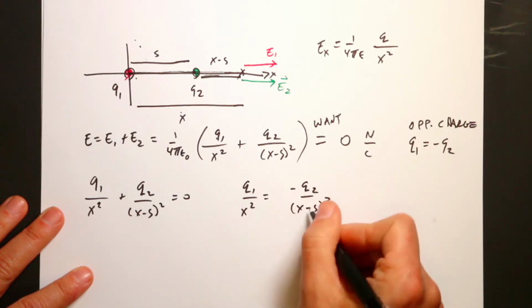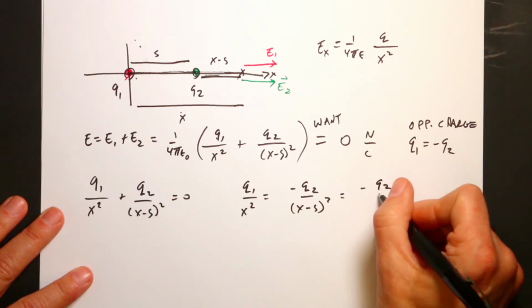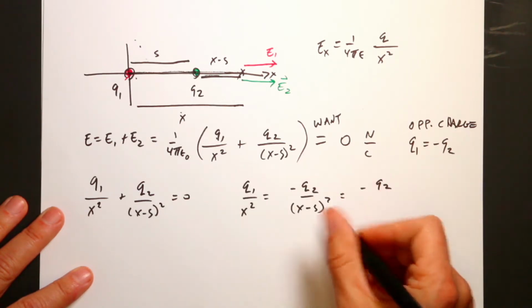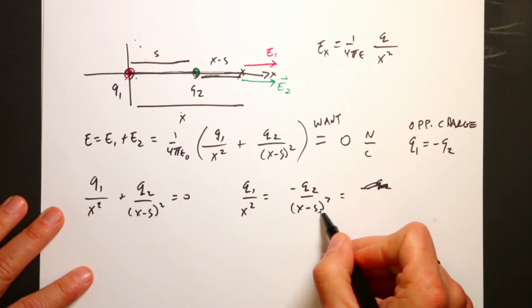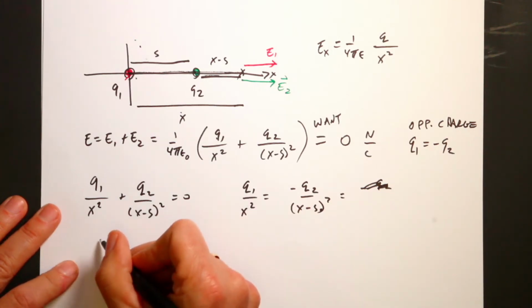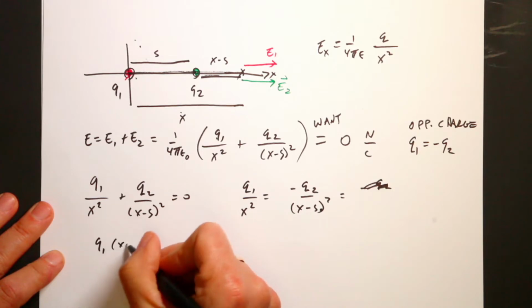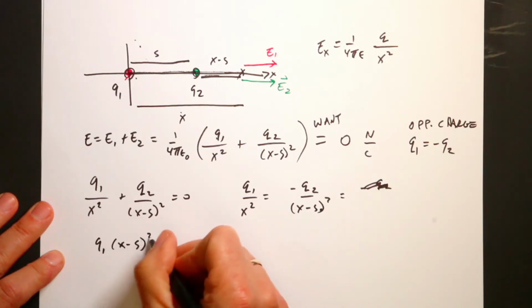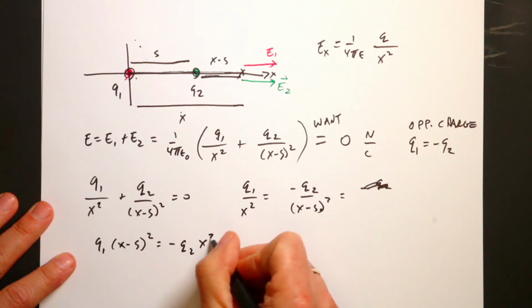Now, let me cross multiply. So you multiply both sides by X minus S squared, and then multiply both sides by X squared. So I get Q1 times X minus S quantity squared equals negative Q2 X squared.